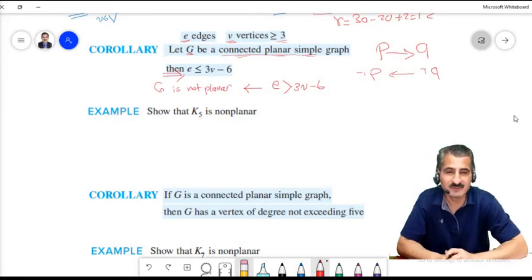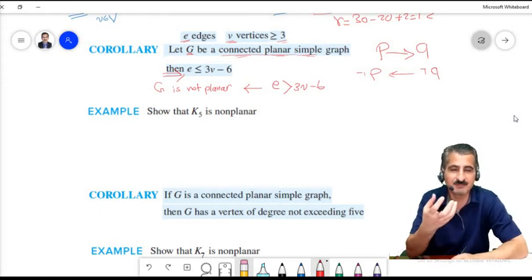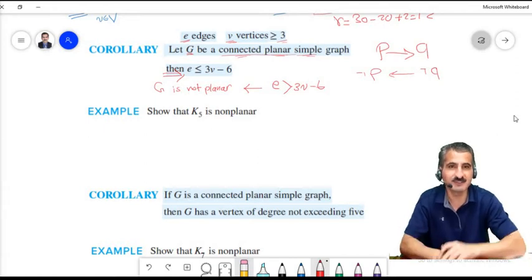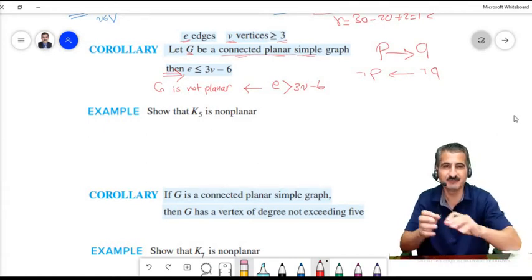Good. So we are assuming we have a connected simple graph, and the issue here is the planar property. So if we find the number of edges greater than 3V minus 6, then that graph is not planar. We don't have to keep playing with it.